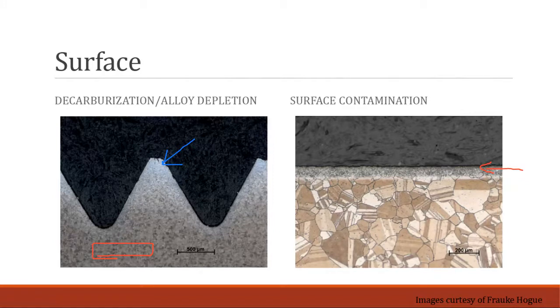Zoom in on this. If you notice just under that layer, what you end up seeing is a light etch response just underneath, over the whole sample. And that's because alloys have been depleted from this region to react with whatever was out here in the atmosphere to form this stuff on the surface.